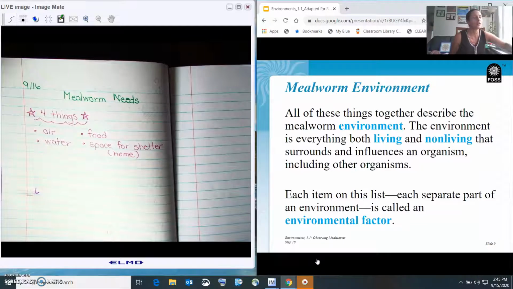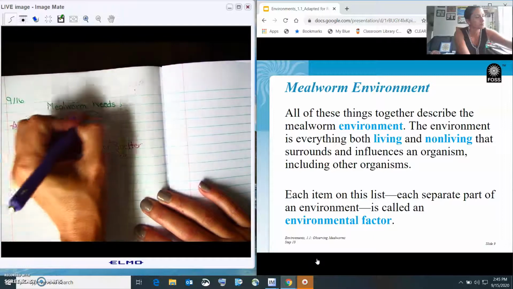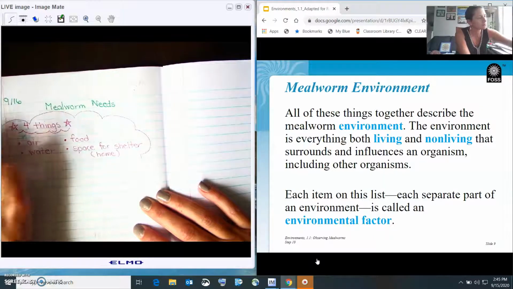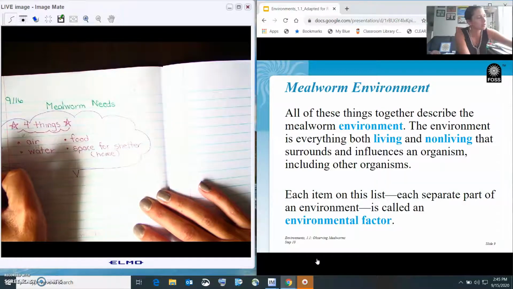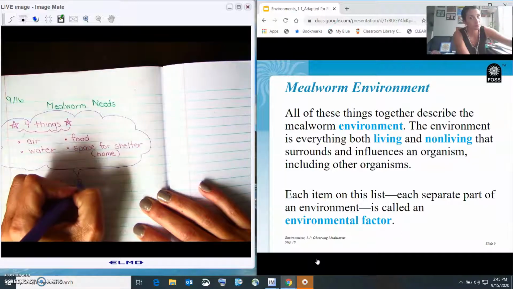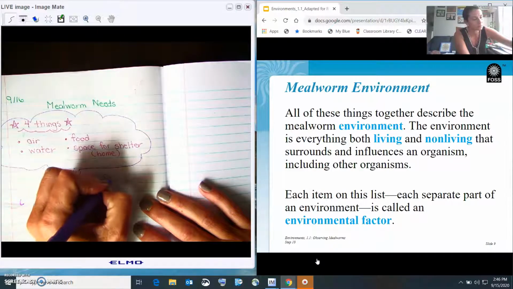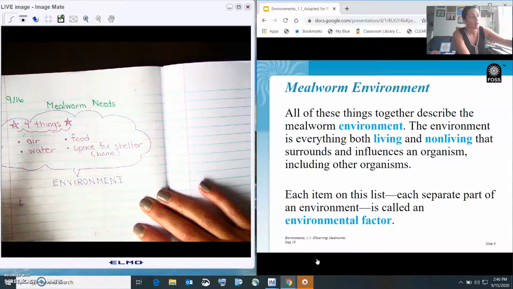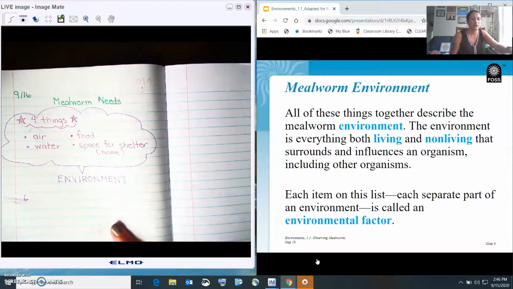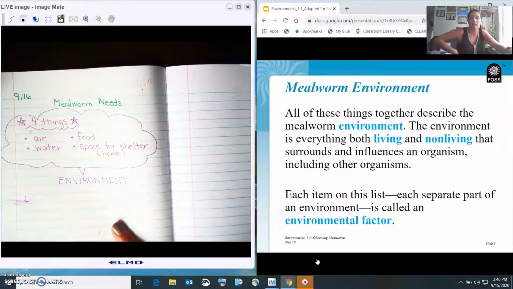Okay, so all of this together points to environment. When we talk about the environment, we need to talk about how they get their air, their water, their food, what kind of shelter, and where they live.